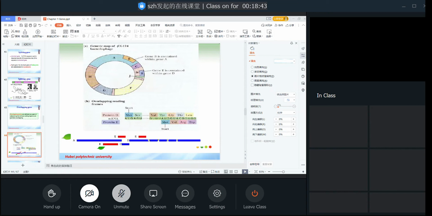And here you can see the gene B contains the A gene, partially overlapping. And another thing, you can see in the lower line, the gene C is transcribed in another direction. And you can see gene A and gene C partially overlapping.